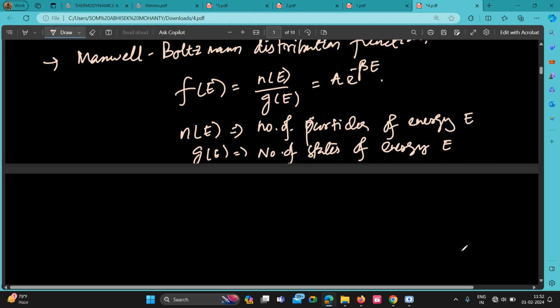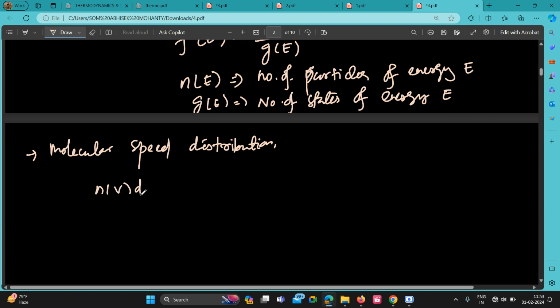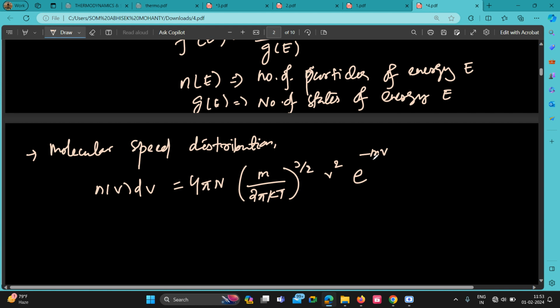Next is atom. Molecular speed distribution is N(v)dv, equal to 4 pi n (m by 2 pi kT) to the power 3 by 2 v square e to the power minus m v square by 2kT dv.